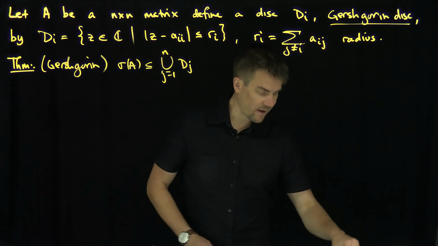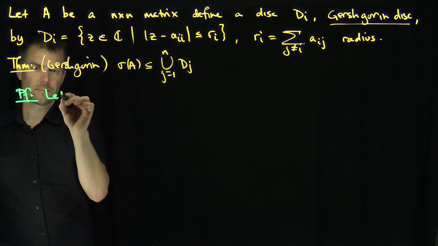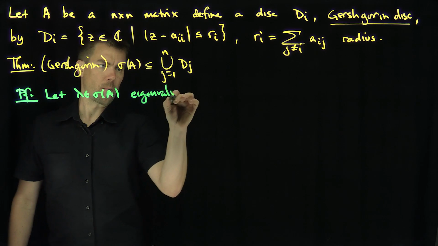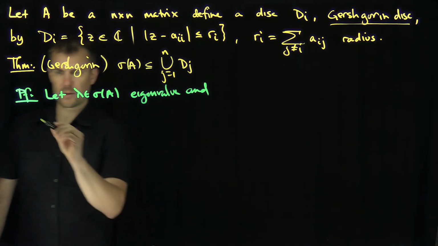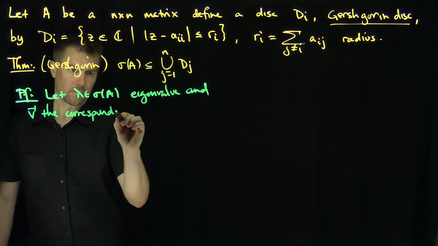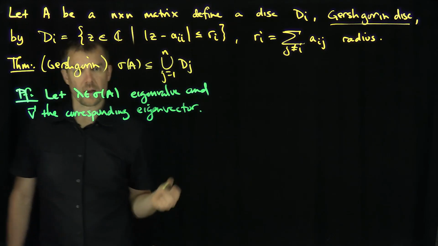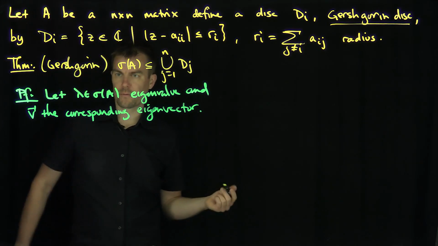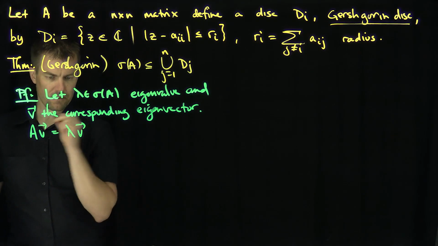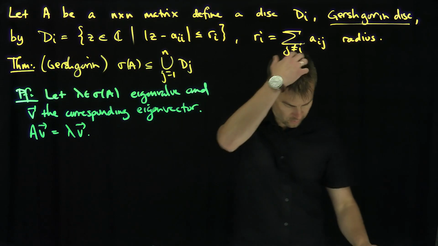So let lambda be an eigenvalue. Here's how the proof goes. Proof: let lambda be in the spectrum of A, an eigenvalue, and v the corresponding eigenvector. Of course, then Av is equal to lambda v. I'm actually going to take v and construct another eigenvector, a normalized eigenvector.